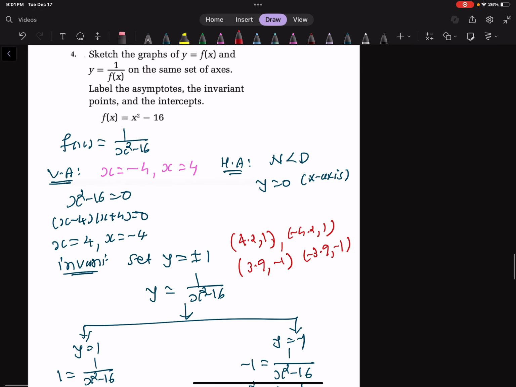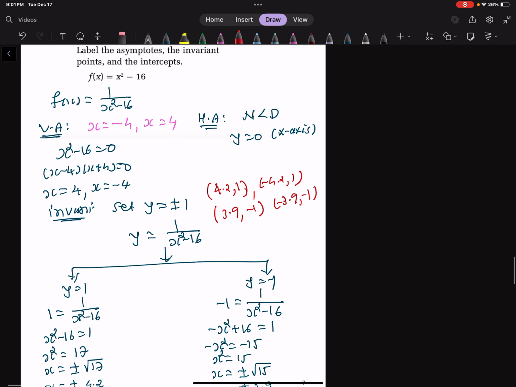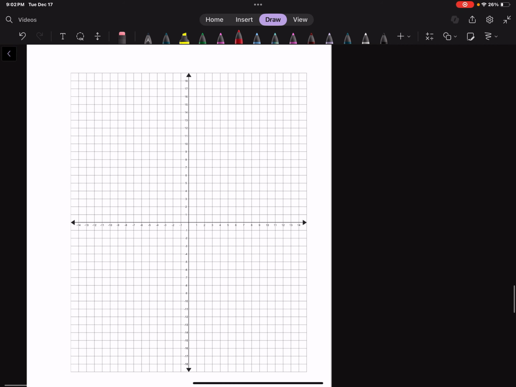For the x-intercept, it's none because of the horizontal asymptote. For the y-intercept, which is (0, -1/16), you set x equal to 0. So we have enough values. We need the vertical asymptotes, x equals positive 4 and negative 4.